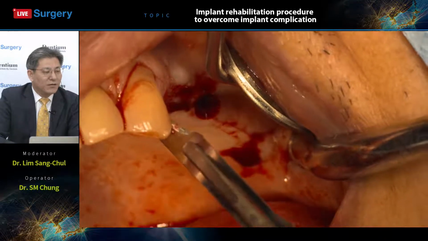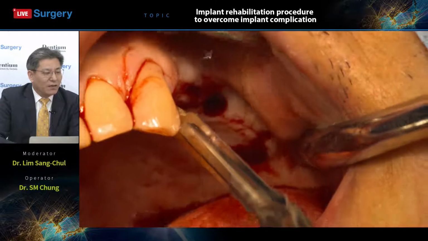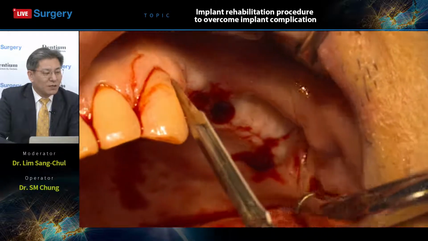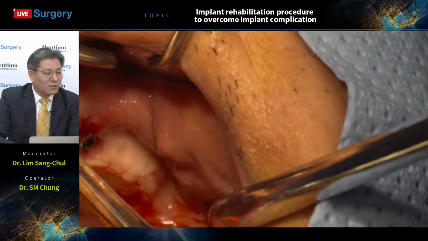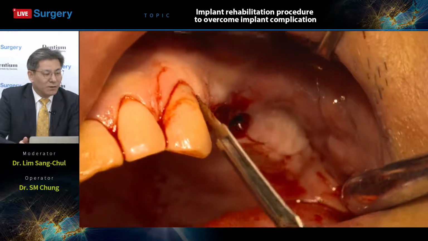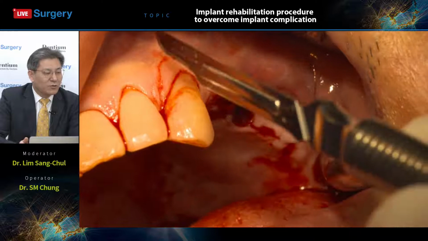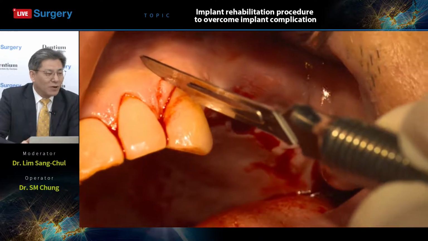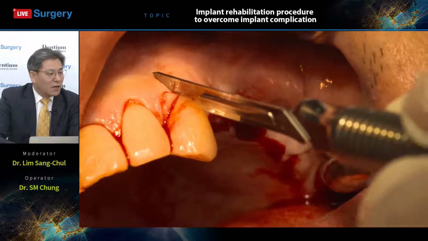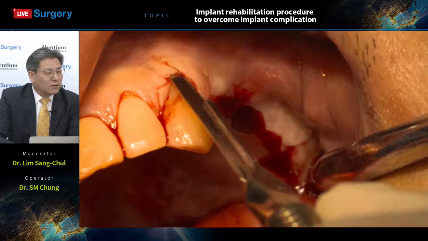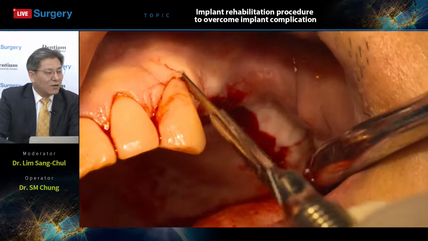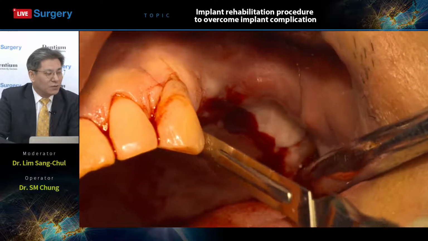Up to the canine area, he made the crestal approach deviated to palatal, right? From the mid-crestal, maybe around 2 millimeter deviated to palatal. Now he makes a vertical incision on the line angle of the canine tooth.